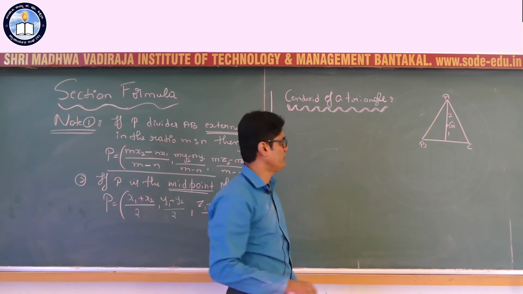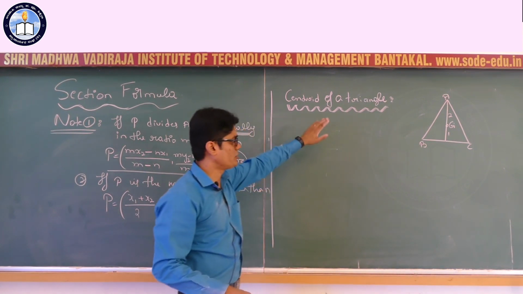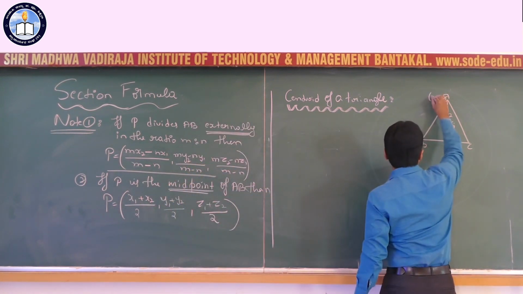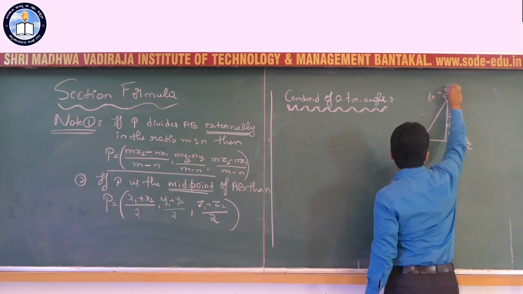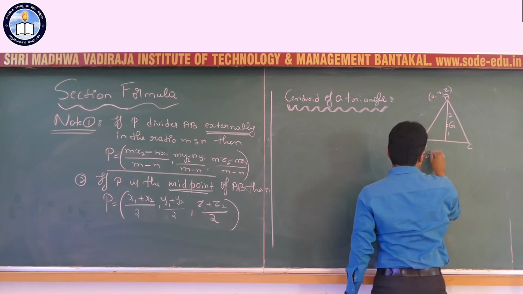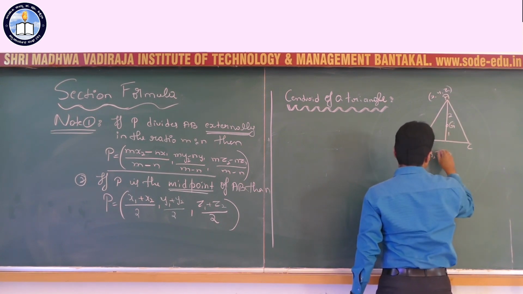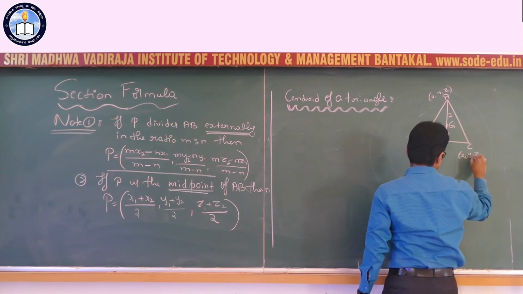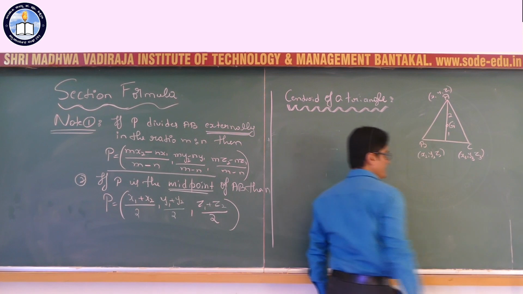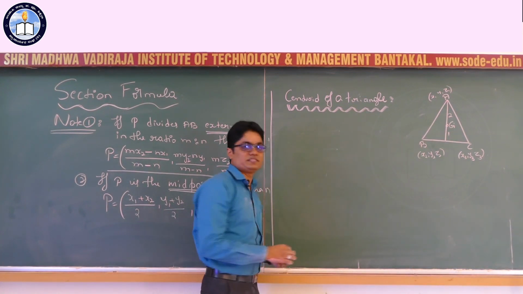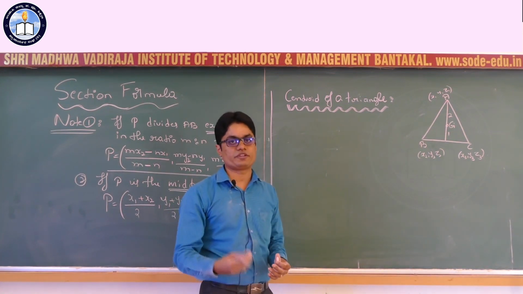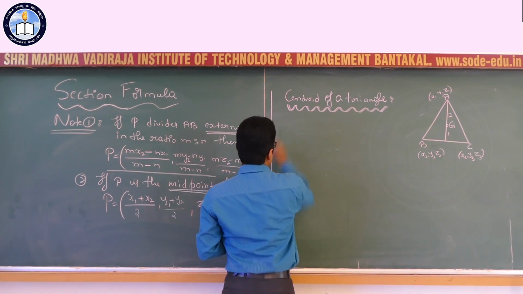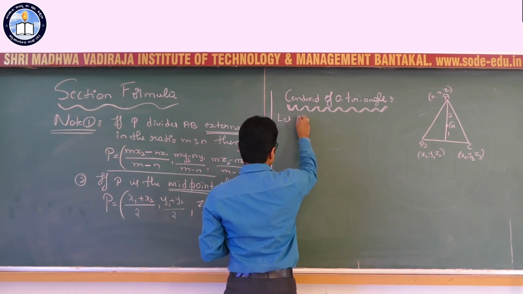You must have learned this in 10th standard. Now I am going to derive the coordinates of G when you know the coordinates of A, B, C. Okay, this is also one important derivation. You will get this for 3 marks. See, the question may be like this: derive the coordinates of the centroid of a triangle. So I'll give you the solution directly. See, you take the coordinates like this.